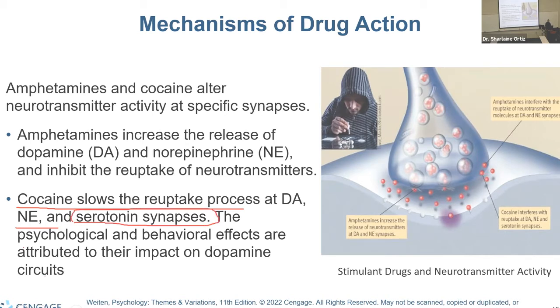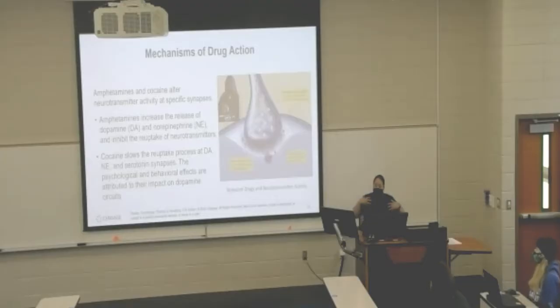Now, as you can see, because of this change of both releasing and reuptaking, we will see impacts at the psychological and behavioral level. This is because we have altered the circuits, the naturally occurring circuits of dopamine.